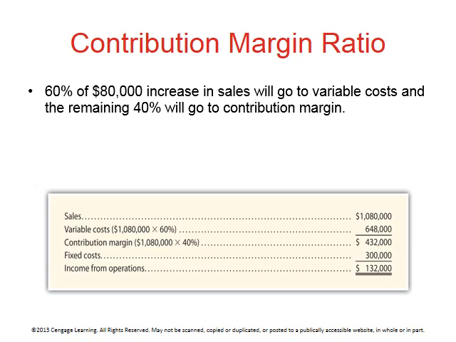So that $80,000 increase in sales, based on our broken out dollar on the previous slide, 60% of that would go towards variable costs and 40% would go to contribution margin. Below you'll see our contribution margin income statement with the extra $80,000 in sales.